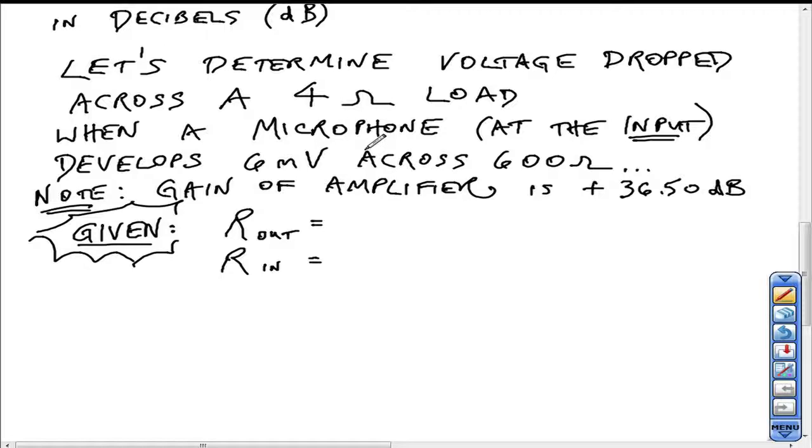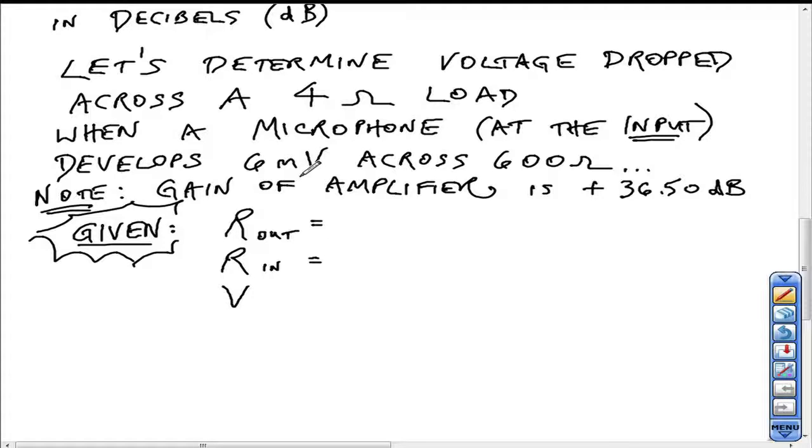So based upon this problem, if you carefully read it: let's determine the voltage dropped across a 4 ohm load when the microphone is at the input. Microphone at the input develops 6 millivolts. So let me go ahead and note this too.